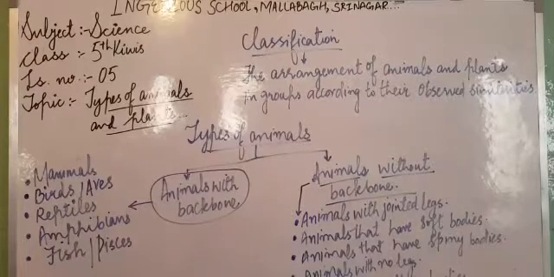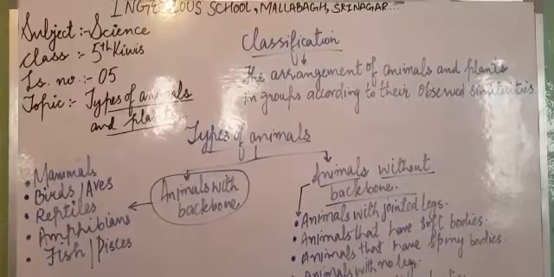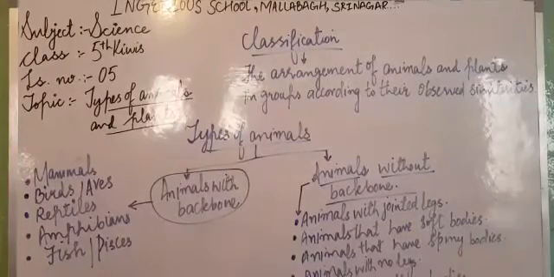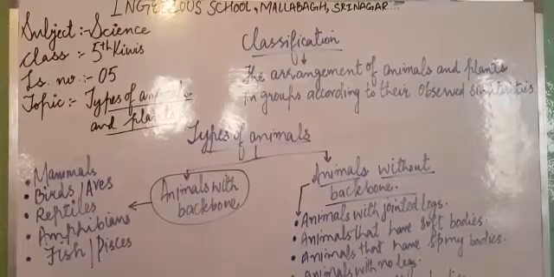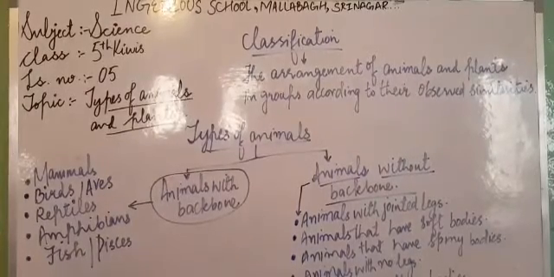Dear kids, as you all know, we see different kinds of animals and plants around us, isn't it? We see a lot of plants and a lot of animals around us. Different groups of animals and plants show some common features and some differences, isn't it?